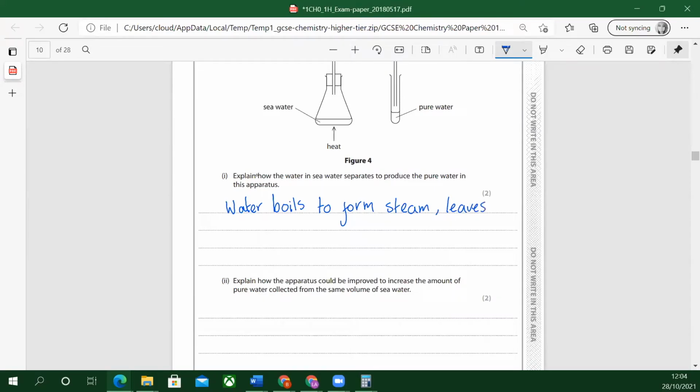And the steam condenses to form pure water. Nice and easy.